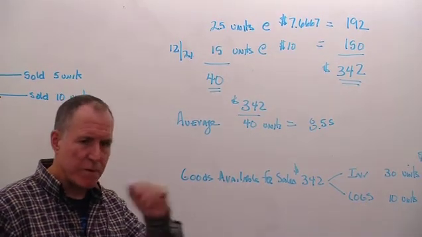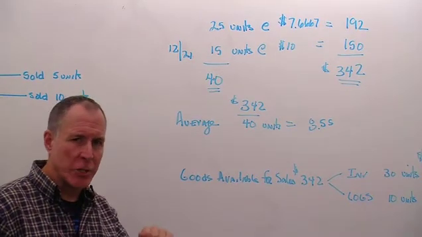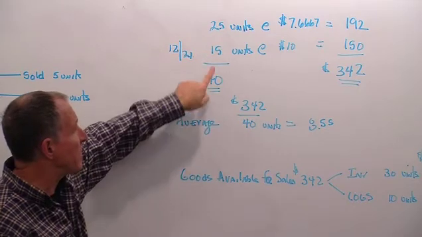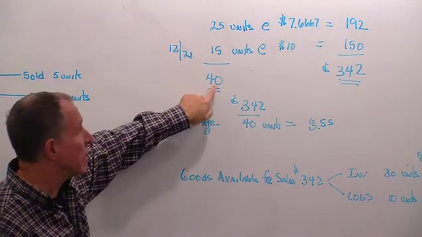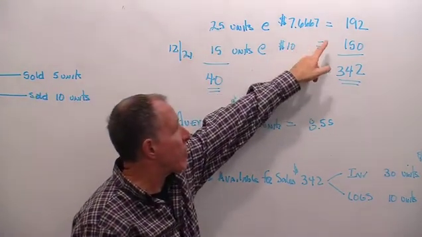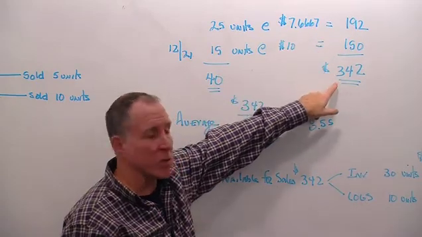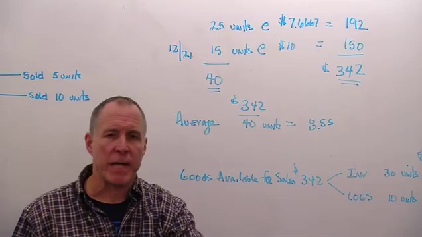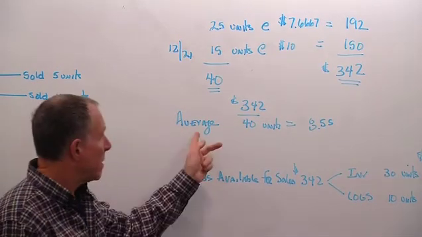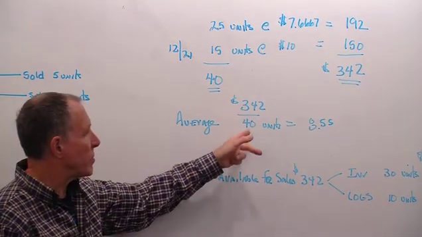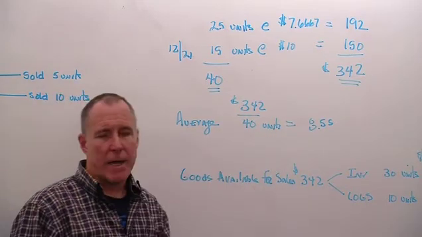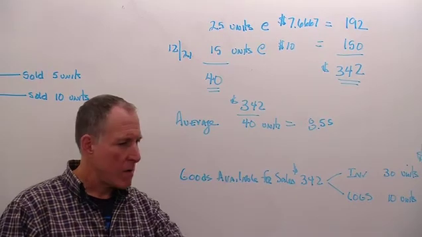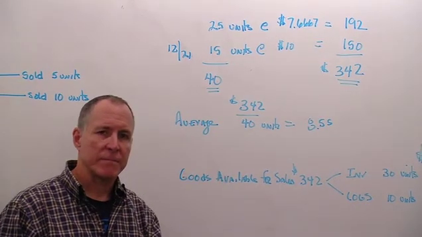So just before we make that sale of 10 units right at the end of the month, we had 25 and 15, 40 units, and those 40 units had a price of $192 and $150 or a total of $342. So just before I sell, I've got to re-average my average. The average, $342 divided by 40 units, $8.55. So the goods that I have are averaged out at $8.55.